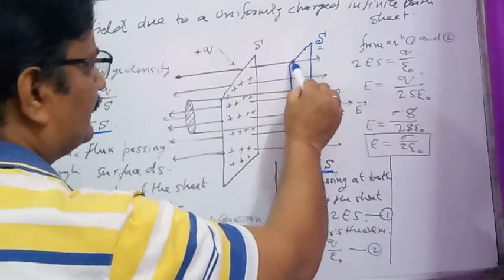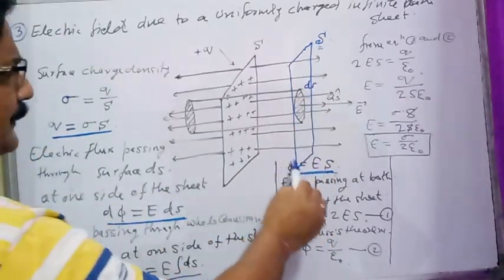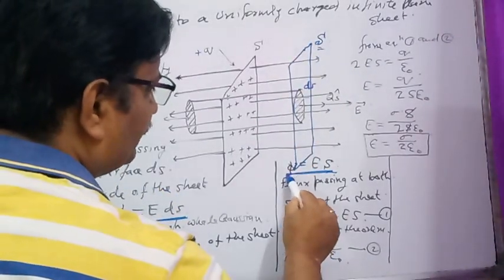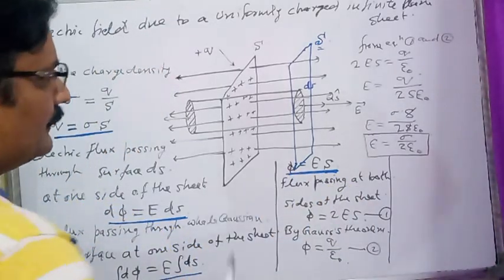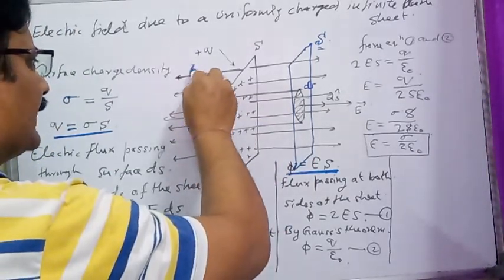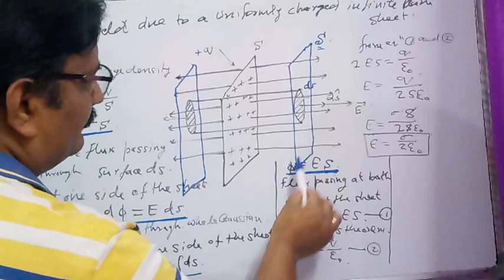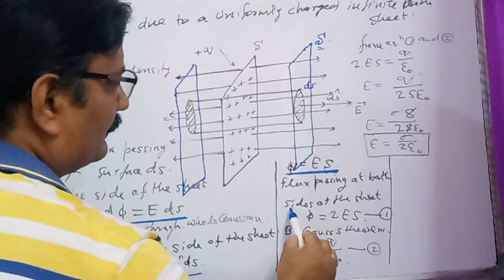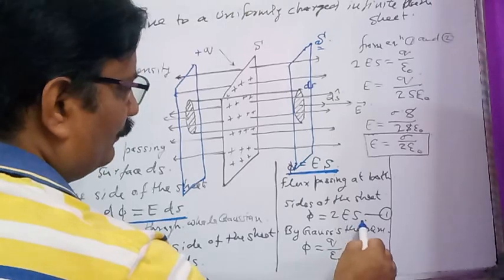So the maximum Gaussian surface which can contain the flux due to charge on the sheet can be S. So it comes out that the flux passing through the Gaussian surface at one side of the sheet, phi, is equal to E into S. As there are two surfaces of the sheet, the flux passing at the back side of the sheet is again equal to ES. So the flux passing at both sides of the sheet, phi, can be written as 2 into E into S.